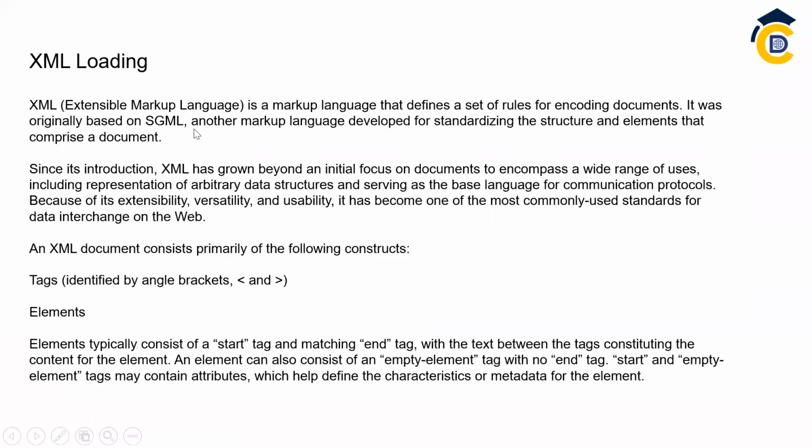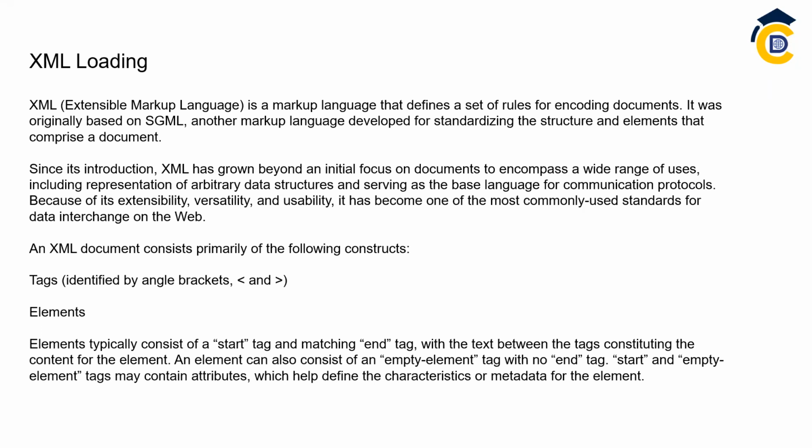Firstly, XML is extensible markup language that defines a set of rules for encoding documents. It was originally based on another markup language developed for standardizing the structure and elements that comprise a document. Since its introduction, XML has grown beyond an initial focus on documents to encompass a wide range of uses, including representation of arbitrary data structures and serving as the base language for communication protocols.